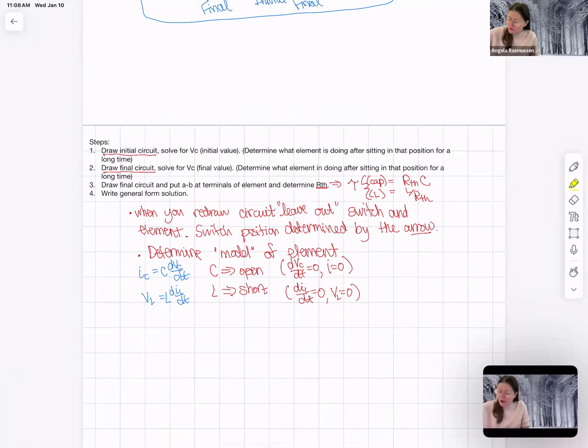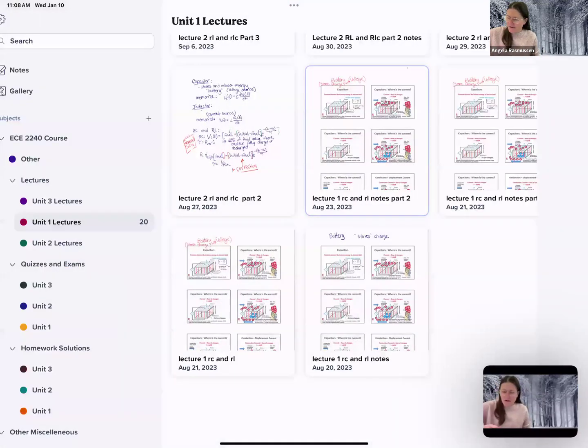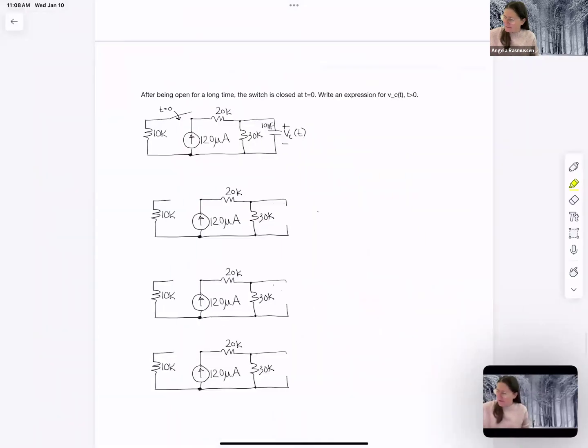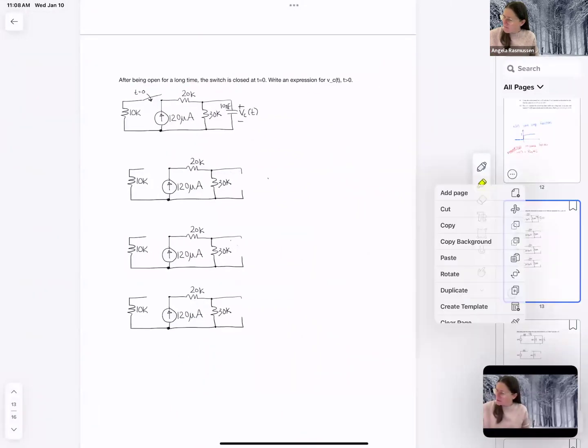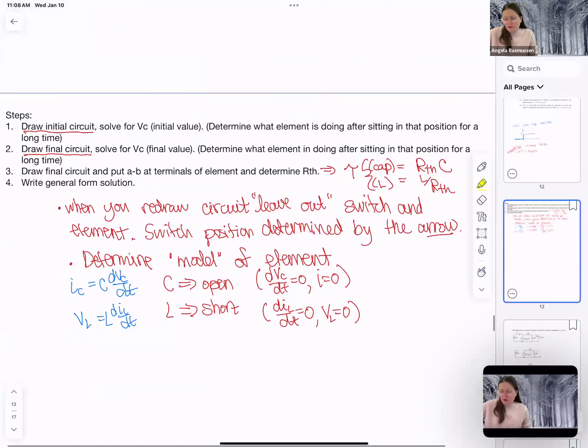So draw the initial circuit, solve for VC for the voltage at the capacitor, and IL for the inductor. So draw the initial circuit.